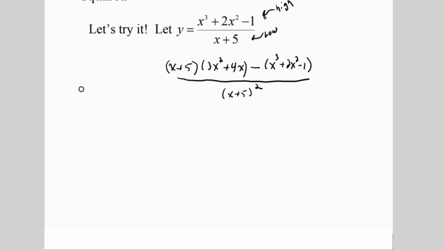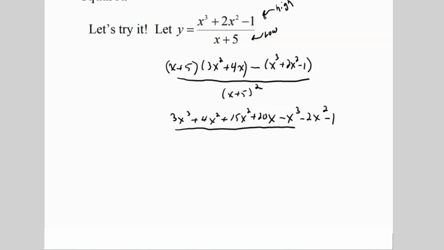It looks like we're going to have to distribute the x plus 5. So we would get 3x cubed plus 4x squared plus 15x squared plus 20x. I'm going to distribute the negative 1: minus x cubed minus 2x squared minus 1, all divided by the low squared.